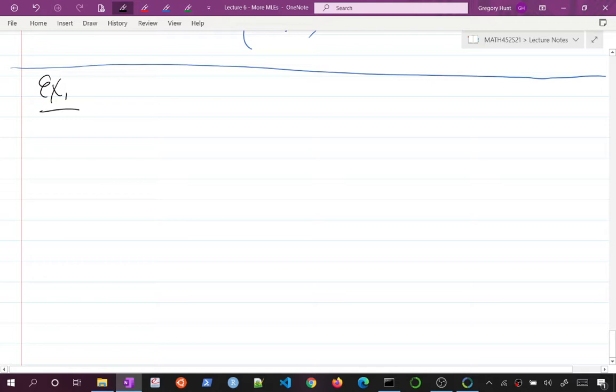And the next example, this is a real fun one, is if I have some data, again, from a normal distribution, but my normal distribution has two unknown parameters.